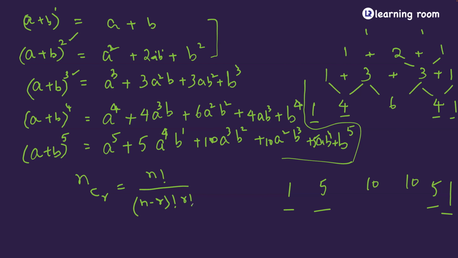So when I talk about this combination, that is nCr, what is it? It is n factorial divided by (n minus r) factorial into r factorial. But there is a very important relation that exists between nCr and something else. That is, there is a property like this: nCr is the same as nC(n minus r).